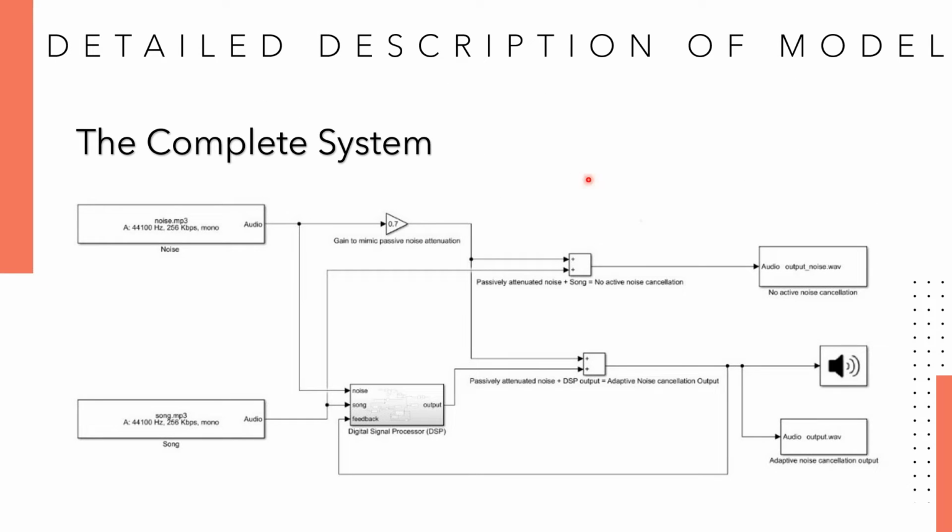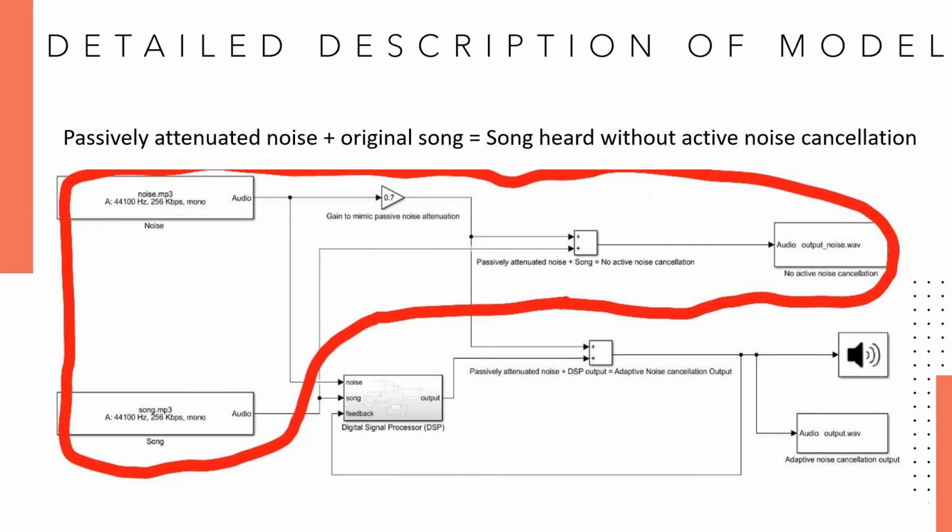Let's talk more about the complete system. As we can see, the block which I have covered in red shows the parts responsible for generating the passively attenuated noise and the original song superposition. So this is what you will hear if we don't have any active noise cancellation in the headphones.